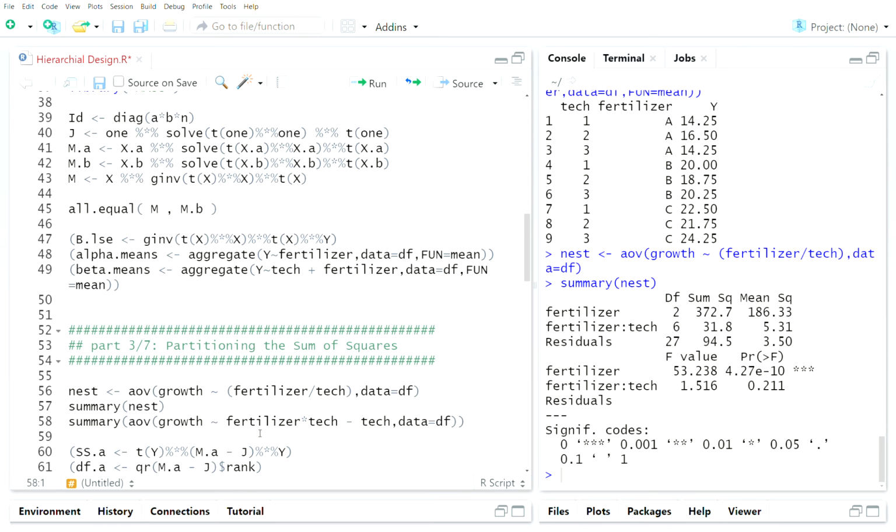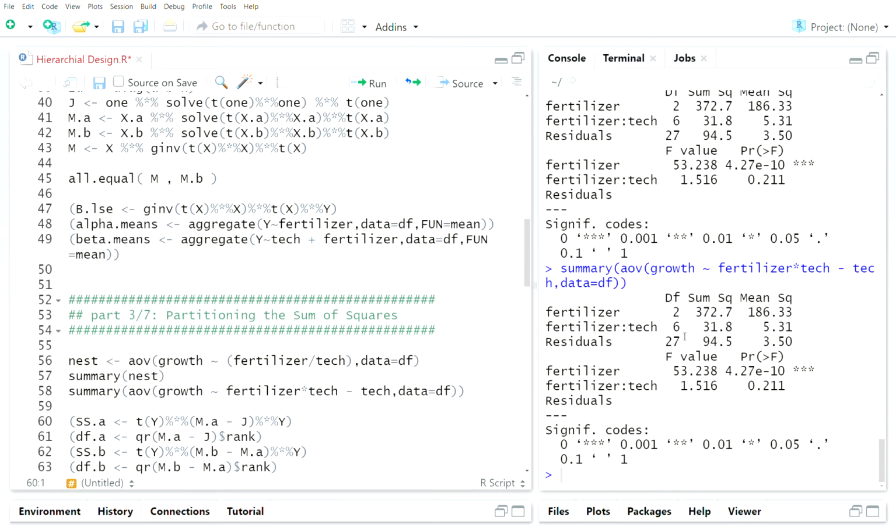And here's one example: if we do a two-way interaction but we remove the factor for tech, this is actually the same model. And if you compare each of these Anova tables, they're 100% the same. So it depends upon how you think about this model. But usually you use the first representation.